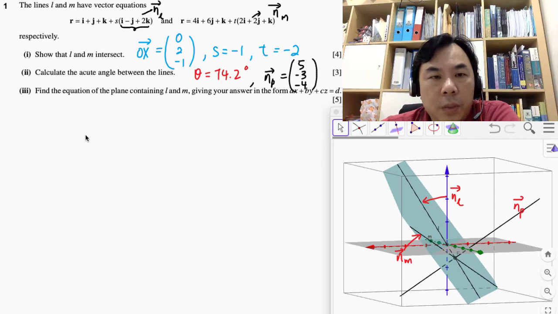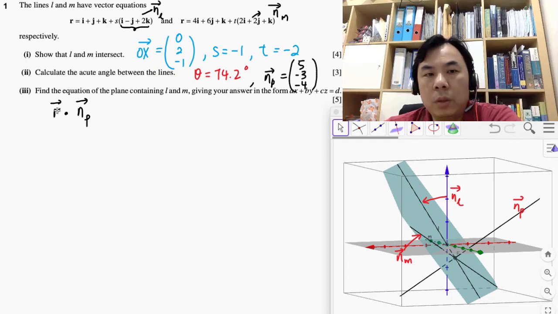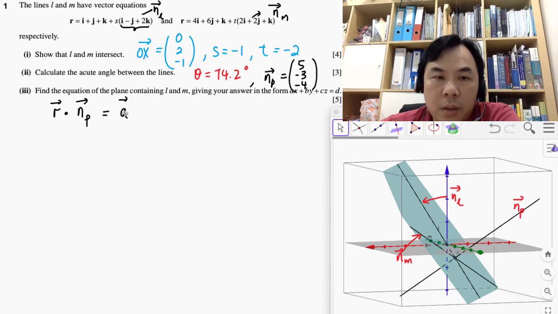Okay, the formula for representing the equation of the plane is given by this. We have r dot the normal to the plane, and then this A here is a point. It can be any point on the plane itself that you can recognize directly.